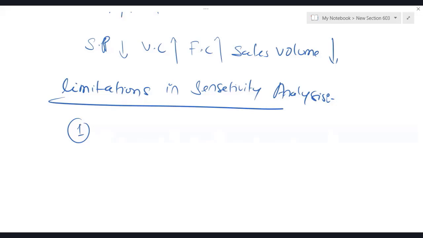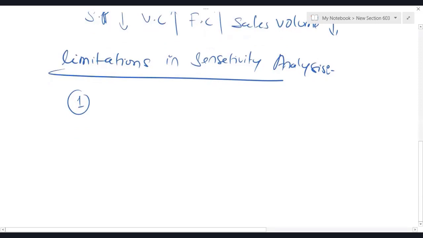That is a limitation in sensitivity analysis. It is applicable at a time only on one factor and assumes all other factors are constant.